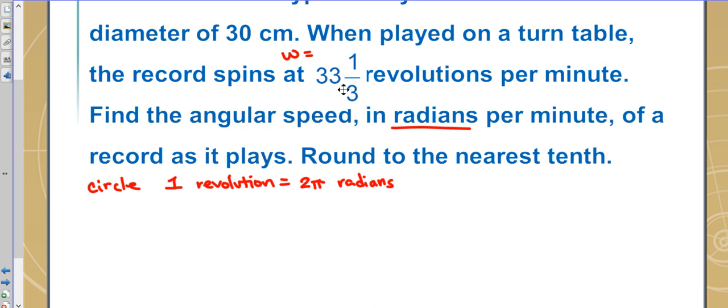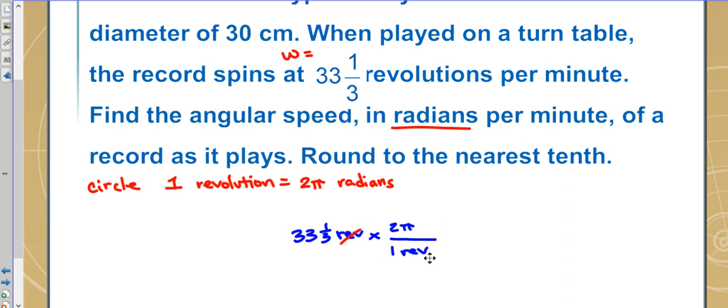So if this thing is making 33 and a third revolutions per minute, to find it in radians I would multiply, and to cancel revolutions, I put revolutions on the bottom, which means one revolution is the same thing as 2 pi radians.